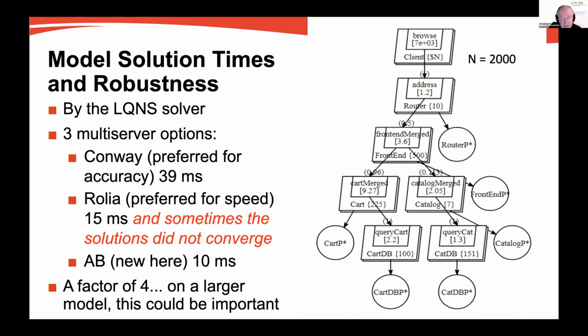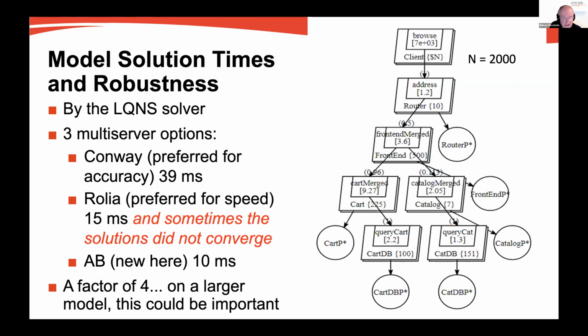There is an issue with solution times. We have a solver for these layered models, and there are many multi-server options. You can choose the option for each server in the model, and there are about 6 of them, but 2 of them have been preferred over time. One of them is an approximation by Conway from the 80s, which is more accurate, and another one is an approximation by Rolia from the 90s, which is faster.